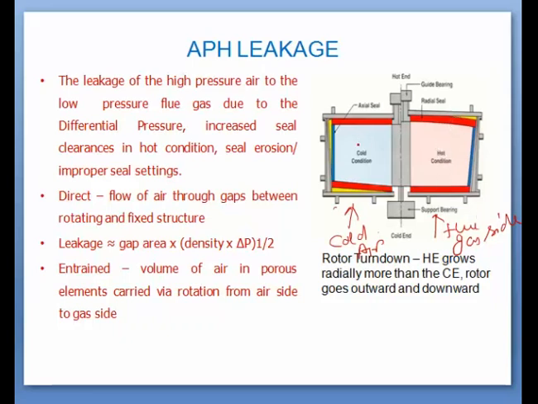So there will be a pressure difference, and the cold air side will be at higher pressure in comparison with this side that is at low pressure. So this leakage is because of the differential pressure.